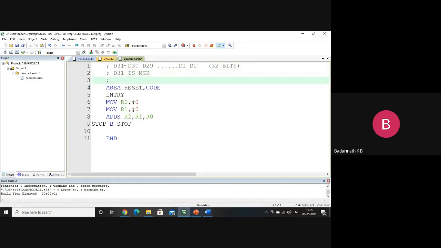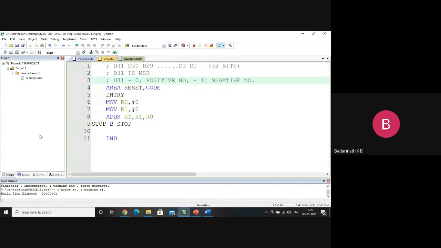What meaning does this bit carry? Whenever the D31 bit is 0, we know that the number is a positive number. Whenever this bit is 1, it represents a negative number.